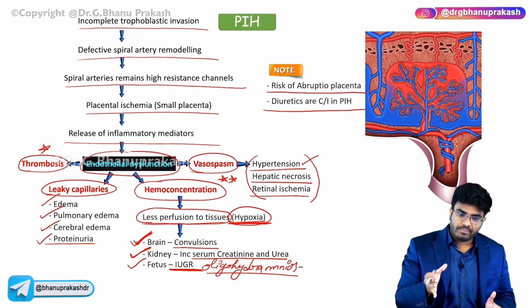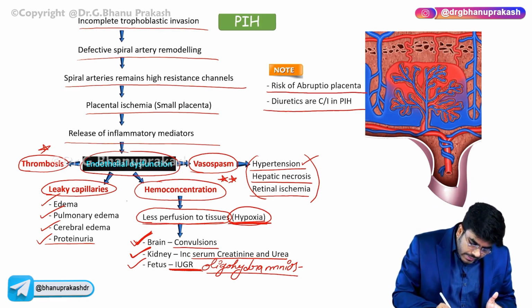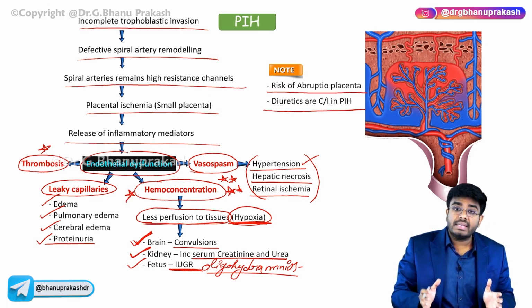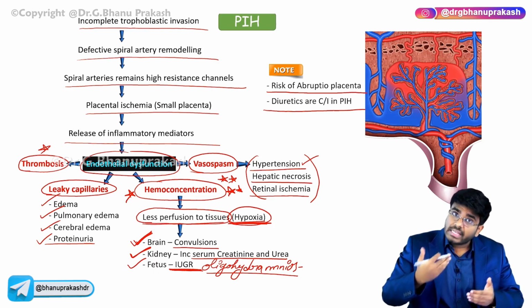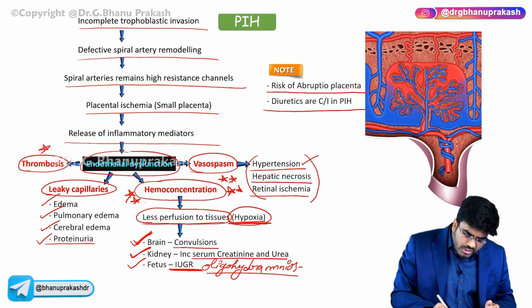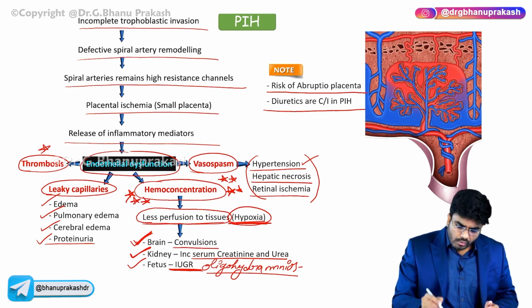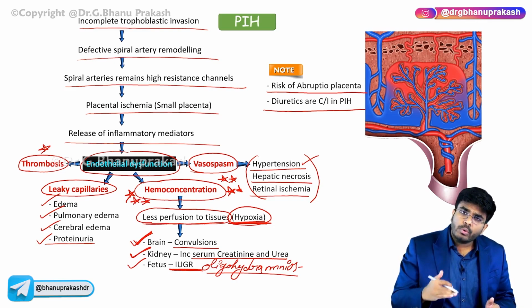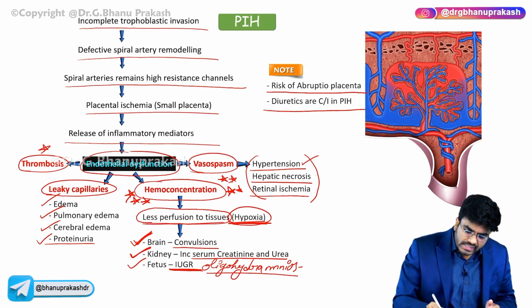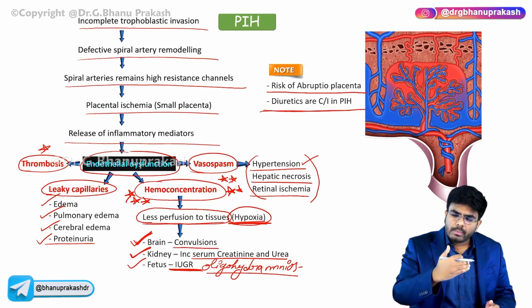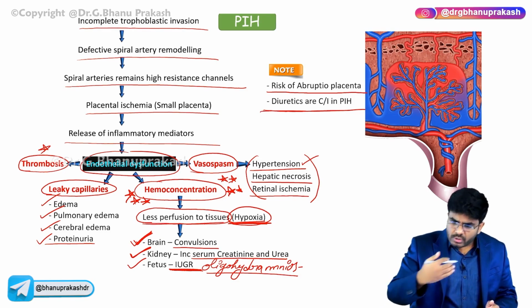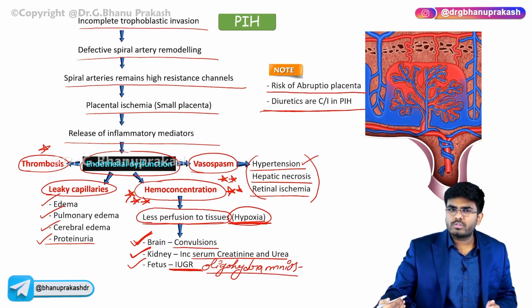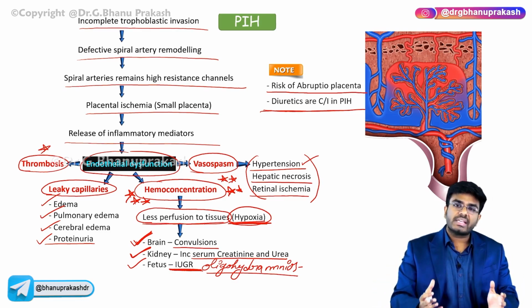Very important MCQ. Why? Because already here there is hemoconcentration. Actually, pregnancy demands physiological hemodilution. Already here there is hemoconcentration. Now further, if you give diuretics to treat the hypertension, what exactly do diuretics do? Diuretics remove the water from the body. It increases urination so that more water will be removed, so that more hemoconcentration can occur.